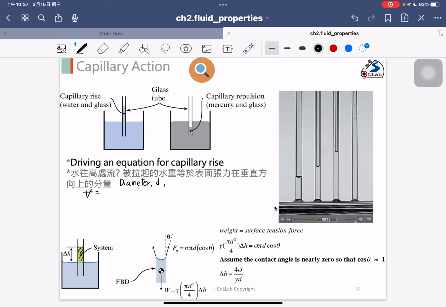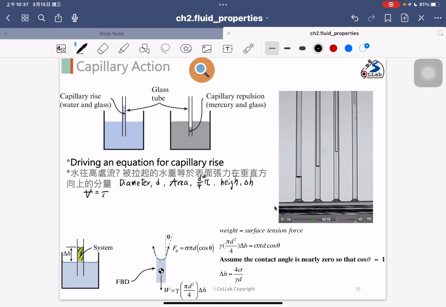So the area of the water column is equal to pi D squared over 4, right? And the height of the water we don't know, so we assume the height is delta H. This is the height the water level rises. So how can we compute the volume?